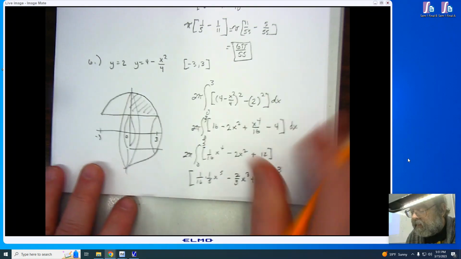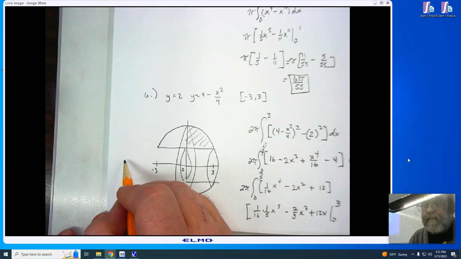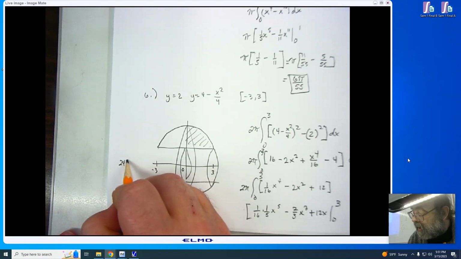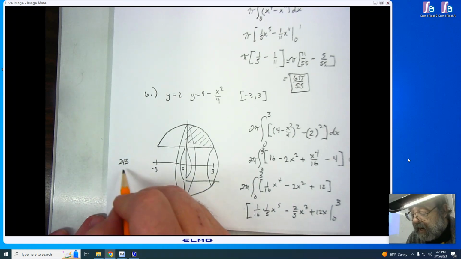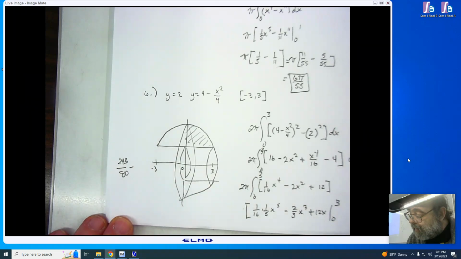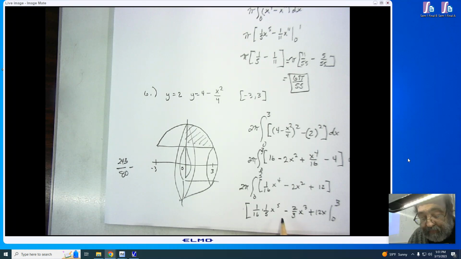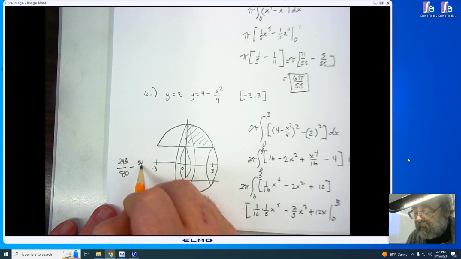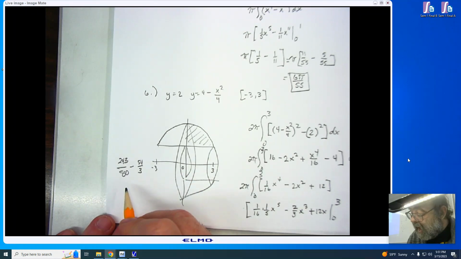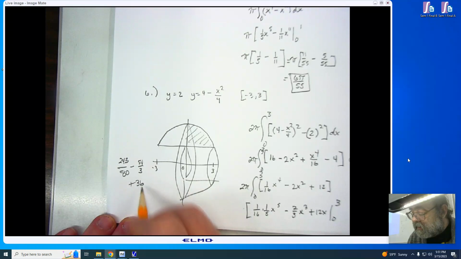That's 243. I'm going to do it off to the side here. So I have 243, and we're looking at 16 times 5. That's over 80. I am subtracting. Let's see, that's going to give me 27 times, that's 54 thirds. I am then adding 36.